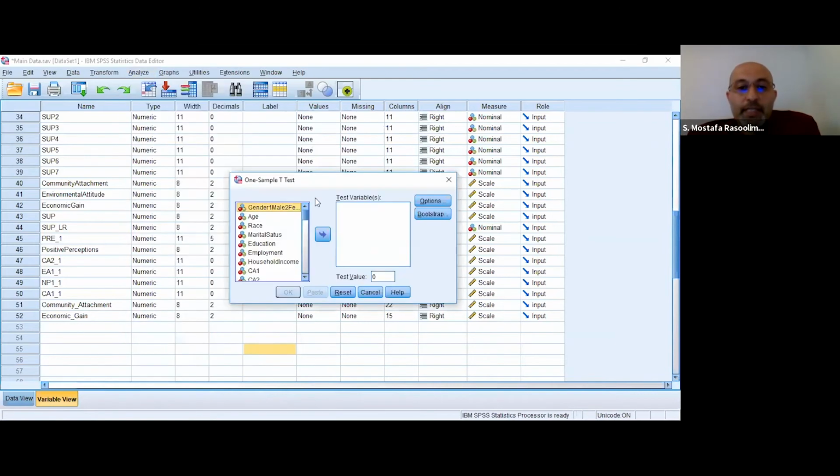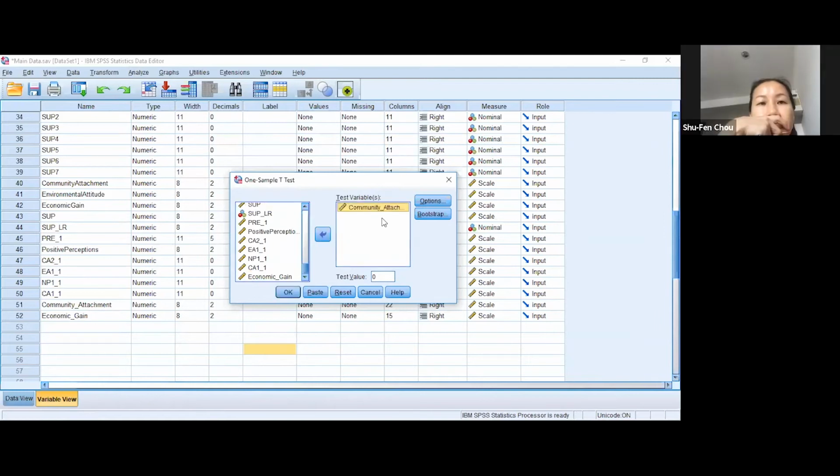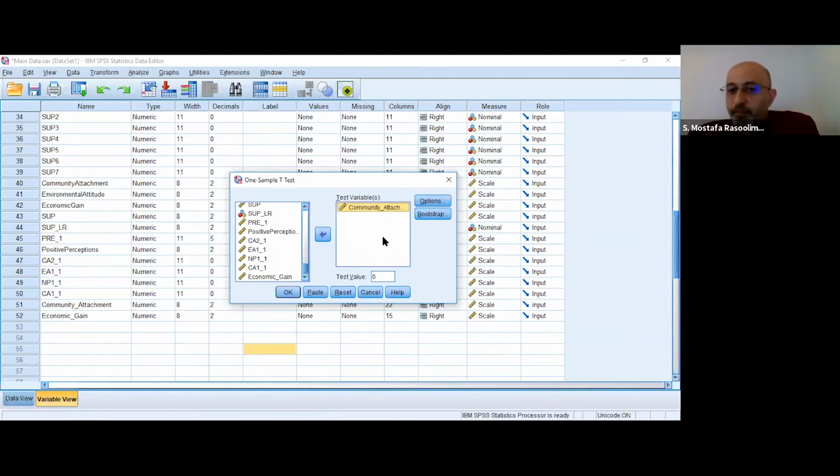The variable that we want to test, we transfer to this white box here, Test Variable. Here the variable is community attachment, right? Yes. We transfer community attachment to this box. And what's the test value? The average of the community is 4. So we put 4 here, right?